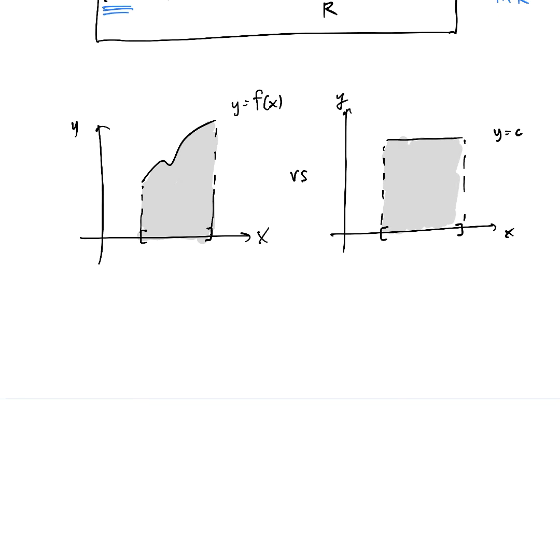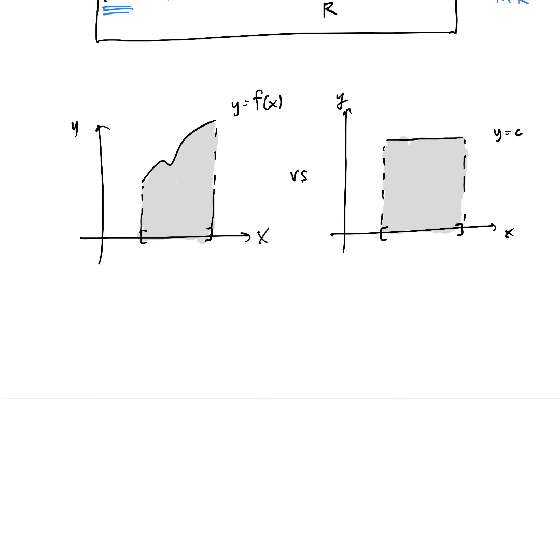Now, the area we're shading in at the moment on the right, that's easy to find. It's just c times the dimension of the base, because it's a rectangle.